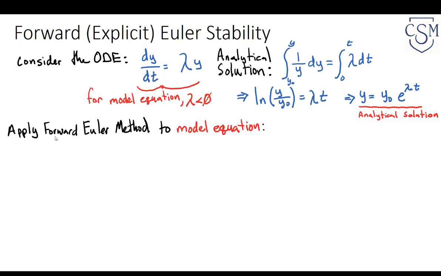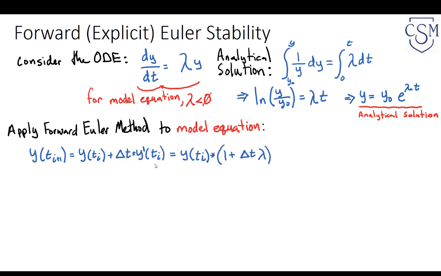Let's apply the forward Euler method to this model equation to see how stable this method is. The forward Euler method would say that y of t_{i+1} is equal to y of t_i plus delta t times y prime of t_i. And what we can do is factor out the y of t_i, so we have y of t_i times 1 plus delta t lambda.